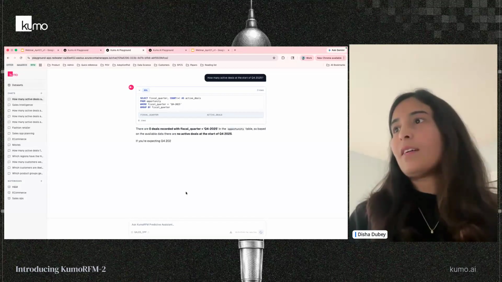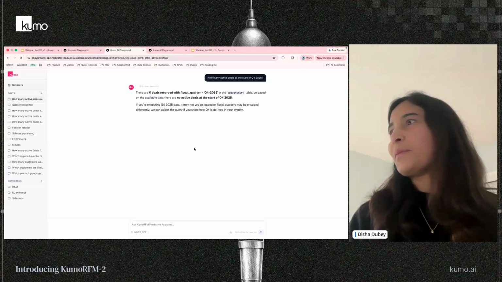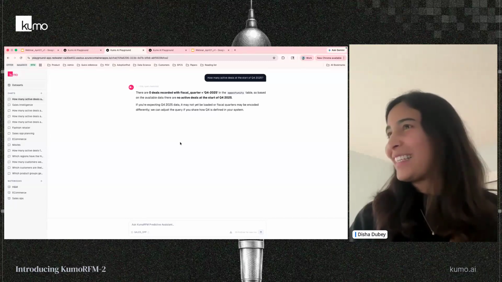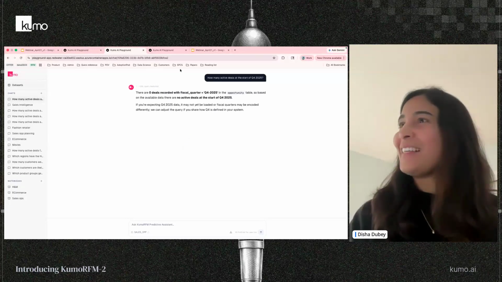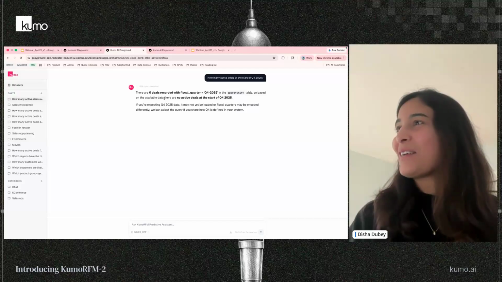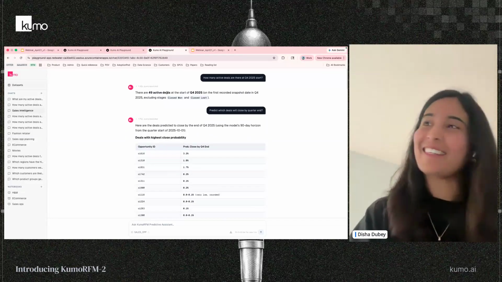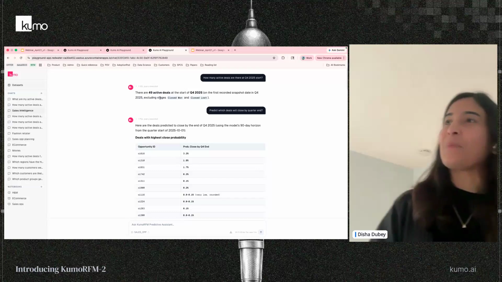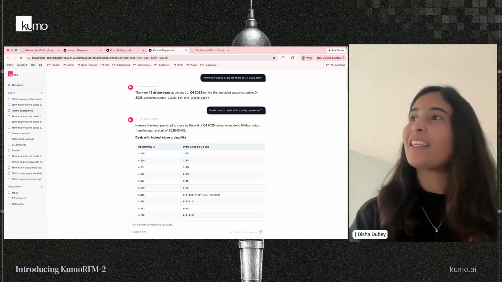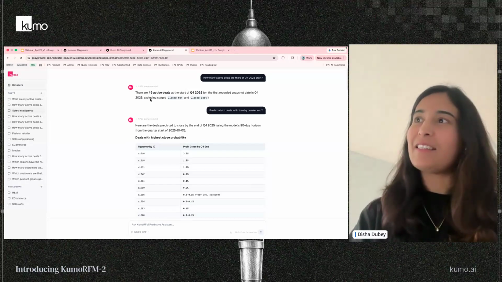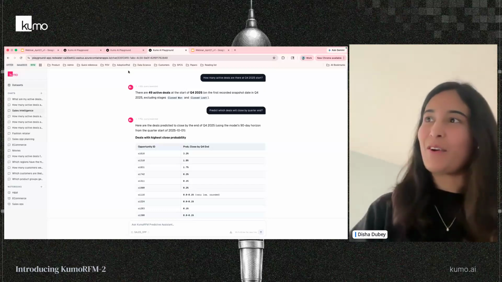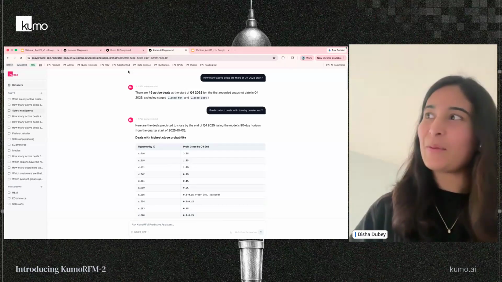So here, as you can see, the model specifies there are 0 deals here. Let me go to my existing chat where I had some answers to show you what was in here. So actually, technically, there were like 49 deals. My quarter is wrong here, so I think I'm on the wrong data set.